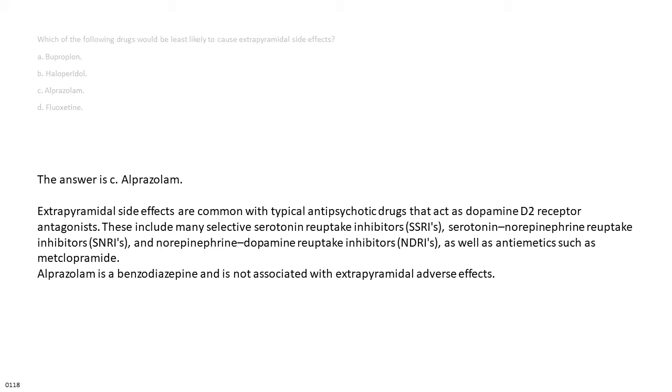Extrapyramidal side effects are common with typical antipsychotic drugs that act as dopamine D2 receptor antagonists. These include many selective serotonin reuptake inhibitors, SSRIs, serotonin norepinephrine reuptake inhibitors, SNRIs, and norepinephrine dopamine reuptake inhibitors, NDRIs, as well as antiemetics such as metoclopramide. Alprazolam is a benzodiazepine and is not associated with extrapyramidal adverse effects.